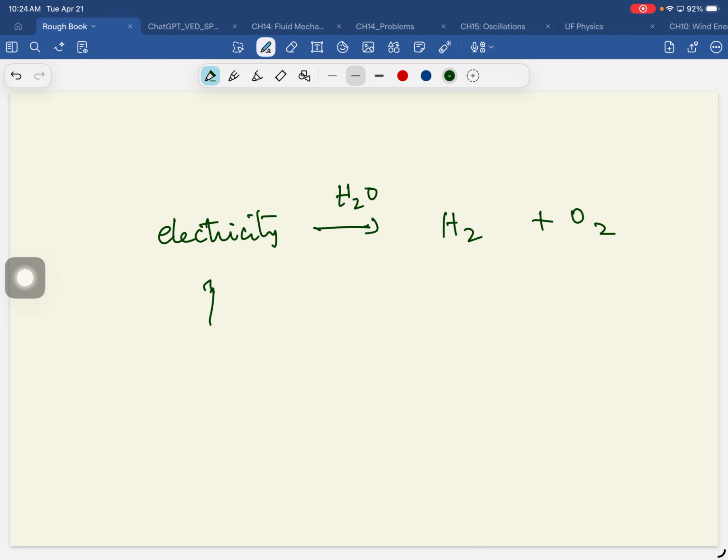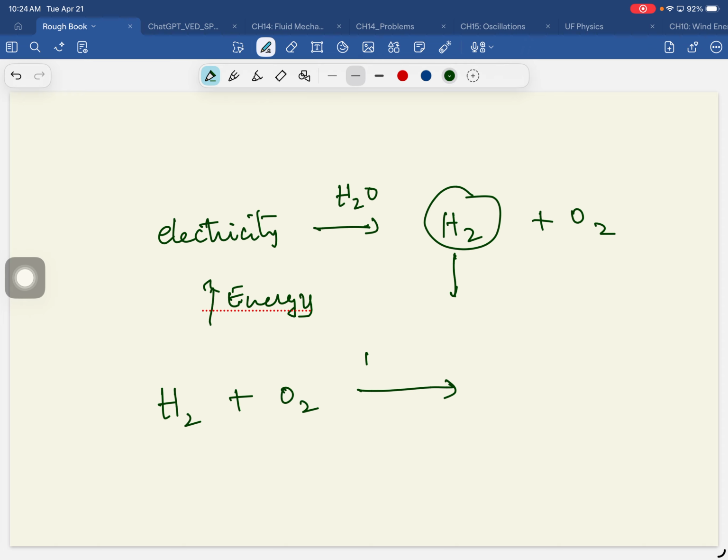So the energy got stored in here. So this is fuel. And then you can use hydrogen and combine it with oxygen in a fuel cell, and you get water plus energy, electricity.